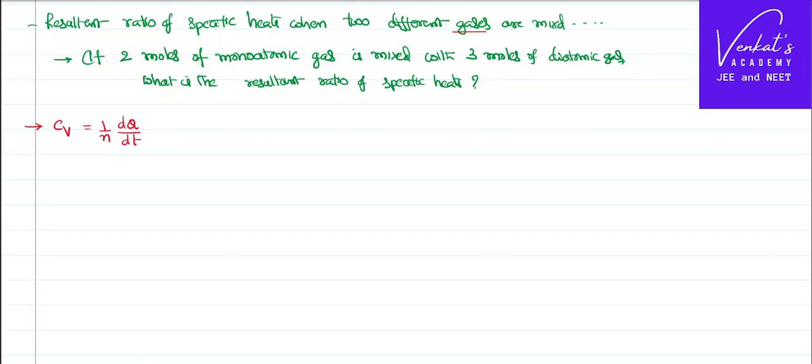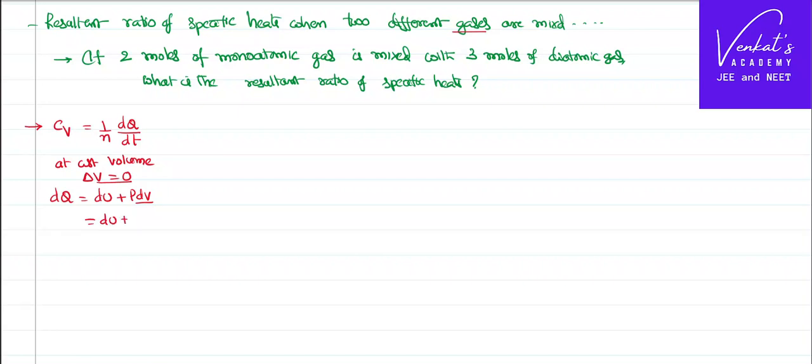As volume is kept constant, the change in volume equals 0. As per the first law of thermodynamics, dq can be written as du plus dw, whereas dw can be written as pdv. But the change in volume in this case is 0.